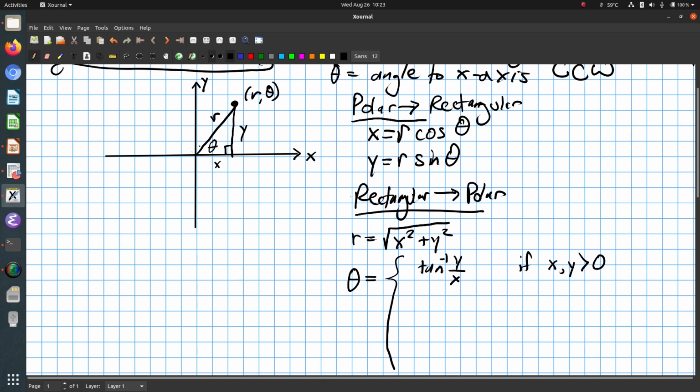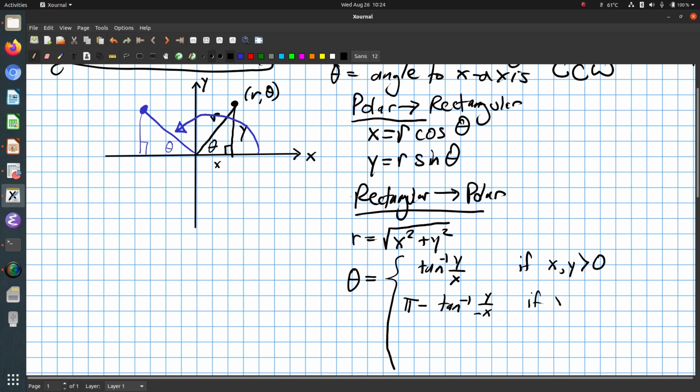So if my point instead is over here, we want the theta angle to be this blue angle here, but the arctangent of y and x will give you this theta here. So the way to do this is pi minus inverse tangent of y over negative x.